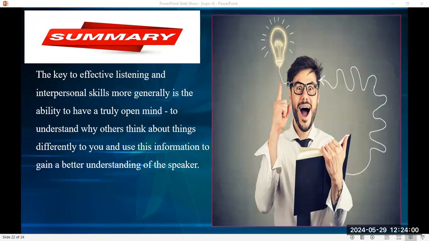The listening process, there is something that I wanted us to look at. We have looked at the 10 principles of effective listening. Then we have looked at barriers to effective listening. And I think, how do you listen more effectively?